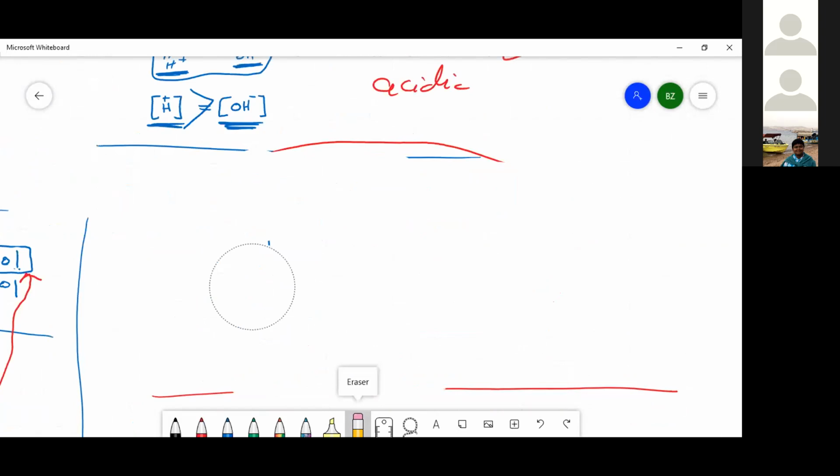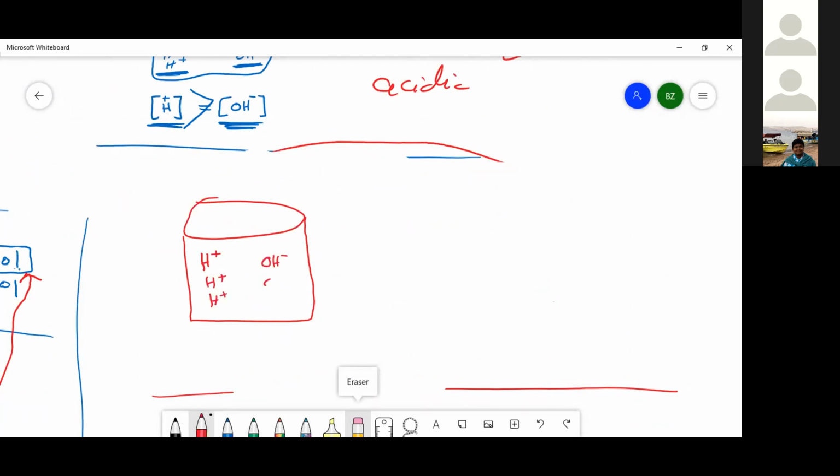Now, again, I have water, and water, as we said, splits into H pluses and OH minuses. We explained this in the beginning. What if we add a substance such as NaOH? What will happen? The NaOH splits into Na plus and OH minus.